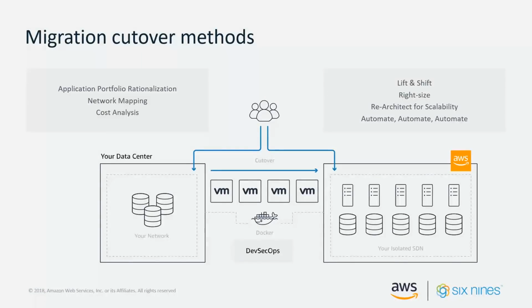And so as we move from the data center, we can do direct VM migration, we can use containerized tools like Docker. We could re-implement as part of a CI/CD or DevOps chain or DevSecOps viewpoint how to move that workload over. So those are just some of the methodologies that we use and implement.